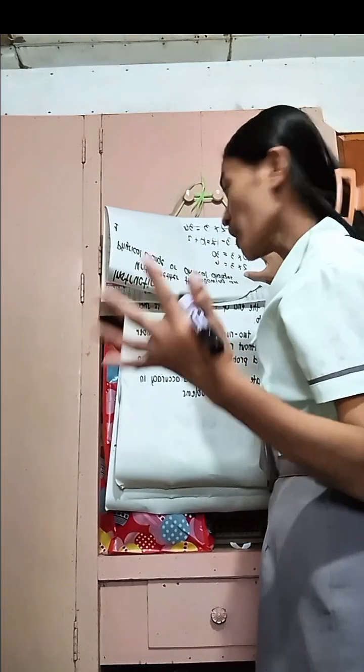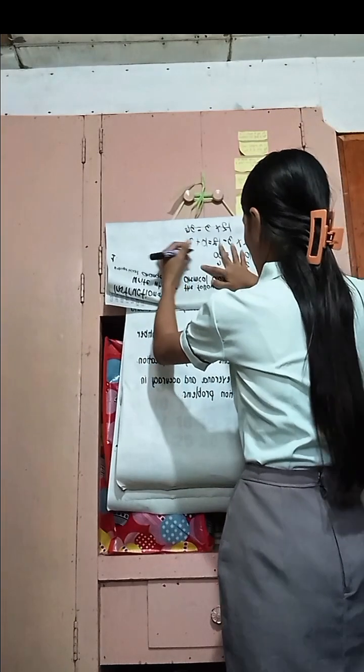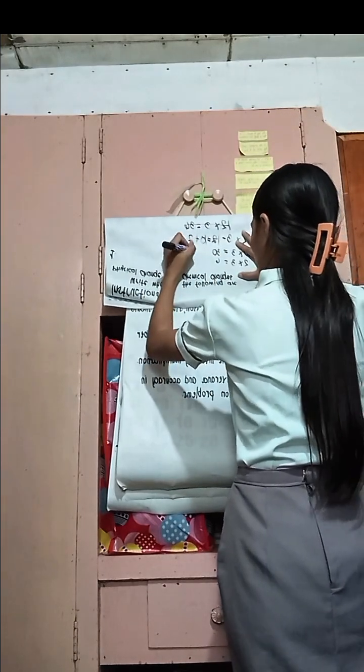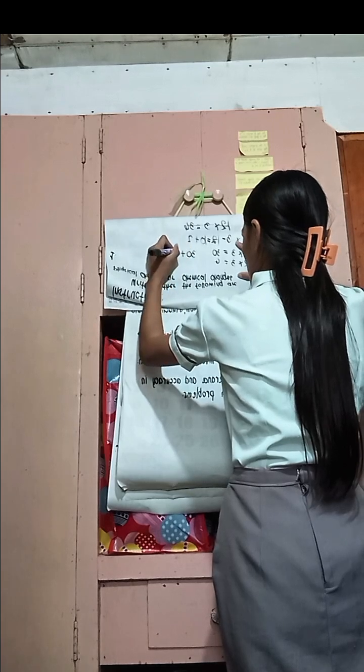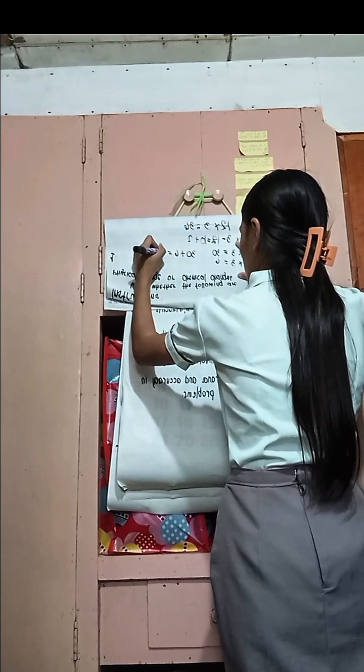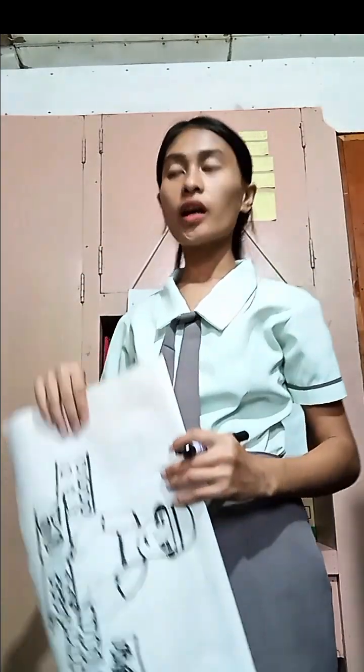To have the answer, let's add the products. 30 plus 6 equals 36. So it means the customer bought 36 bananas in 3 packs.